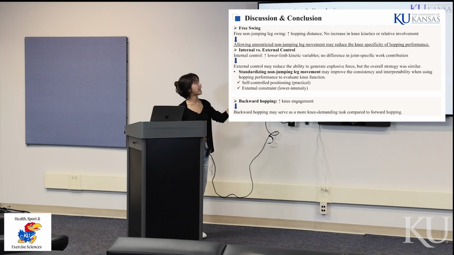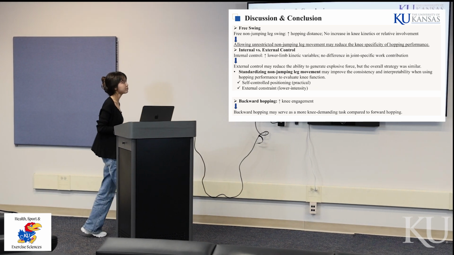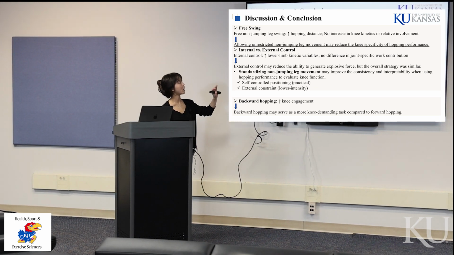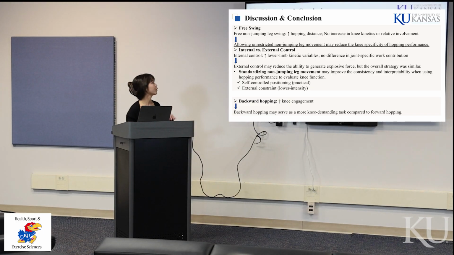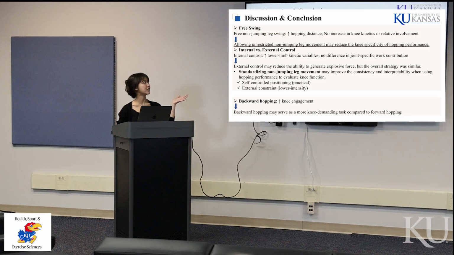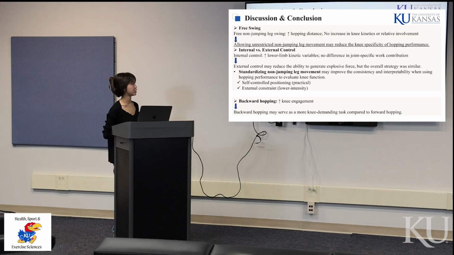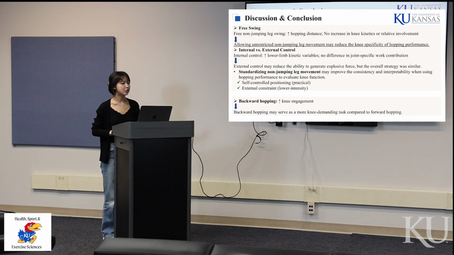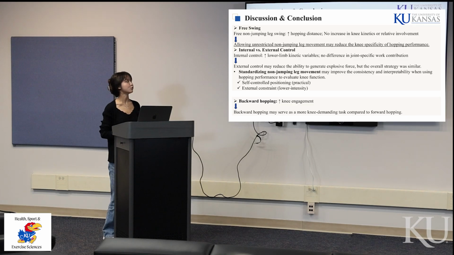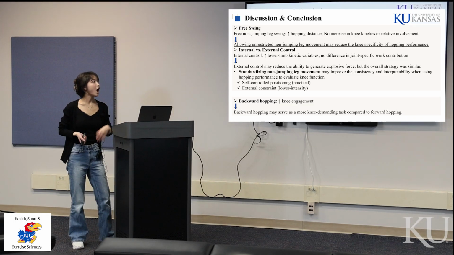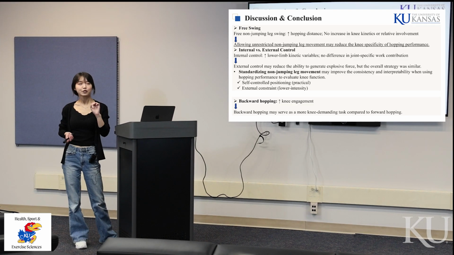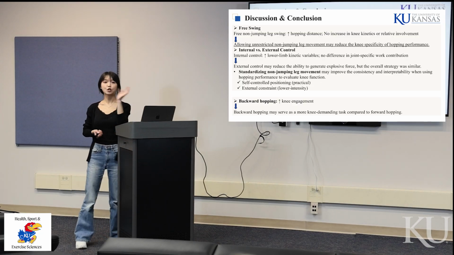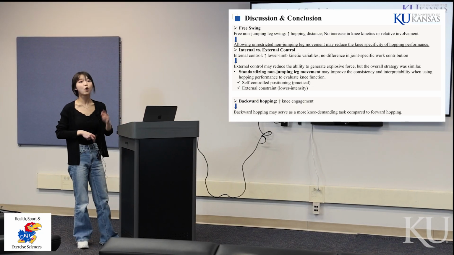For the internal and external control condition comparison, we can see that the internal control condition will show greater lower limb kinetics variables. However, there is no significant difference in joint-specific work contribution. It suggests that the external control condition may reduce the ability to generate power. However, the overall strategy is similar because there is no significant difference in the work contribution.